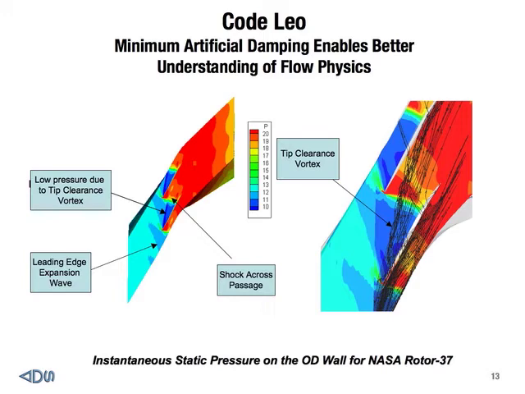okay, you really need a good, accurate method to predict it, to understand it, and to improve it, right? Here is what you're seeing as rotor 37, many people know, and the flow near tip regions.